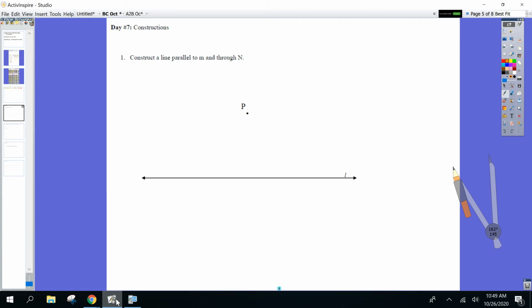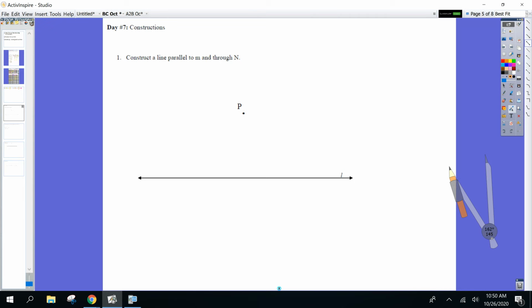First thing I got to show you guys is how do I construct a parallel line. So here's what I have right now. I have a line and I have a point. The line's got to go through the point and it's got to be parallel to L. So don't write anything down, but here's what I need here at the end. Something like that, but obviously a little bit straighter and parallel. All right, so how am I going to accomplish this just using a straight edge and a compass?